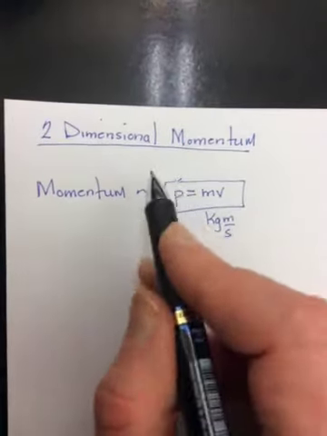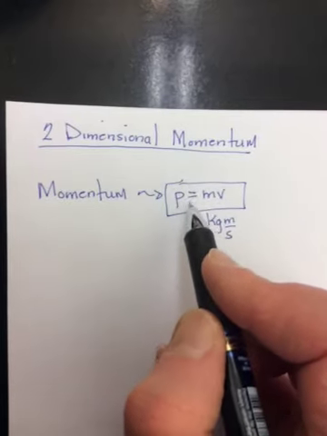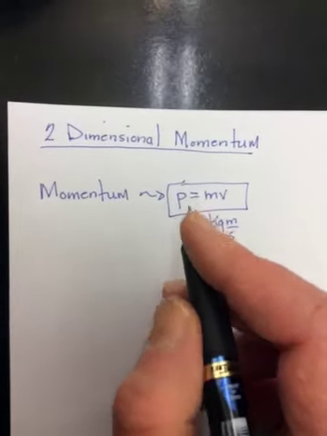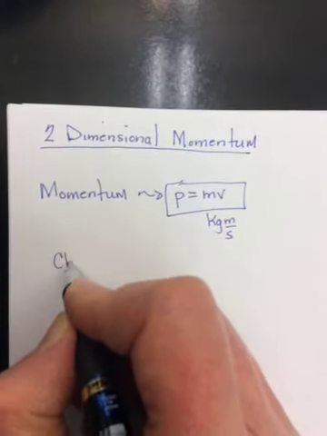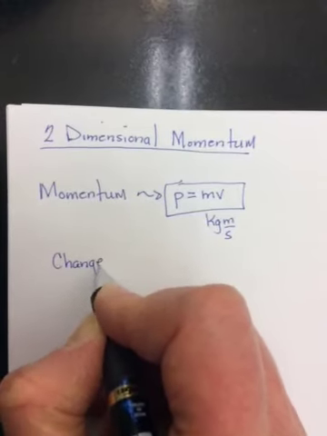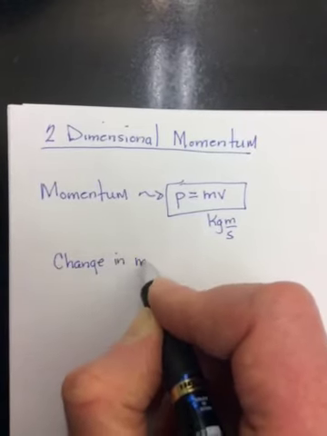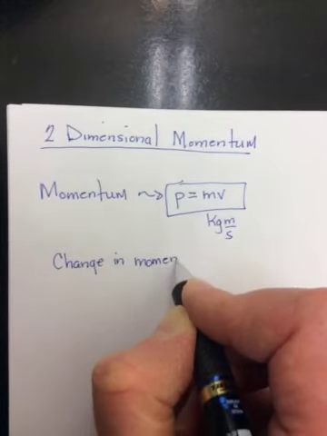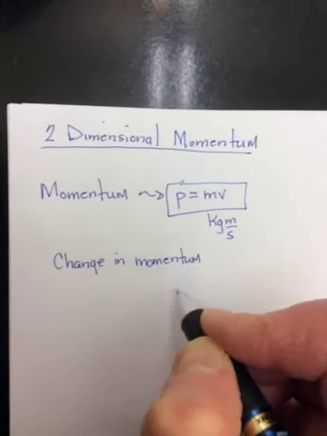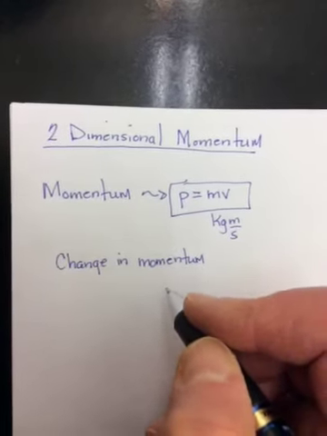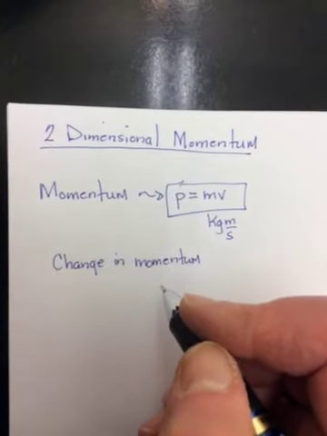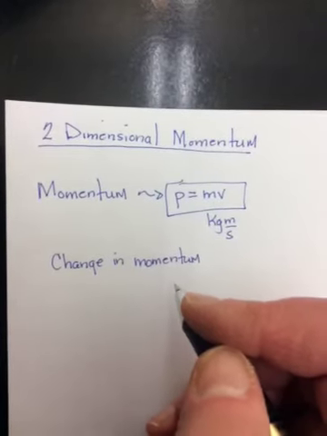In physics, we're not as concerned about an object's momentum as we are its change in momentum, right? A car needs to change momentum to come to a stop. An airplane needs to change momentum to take off or to come to a stop. A train, the same thing.